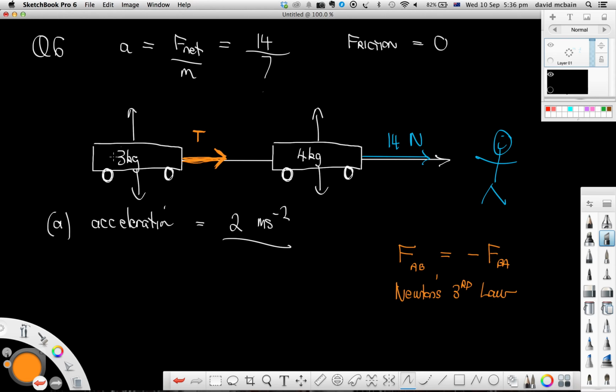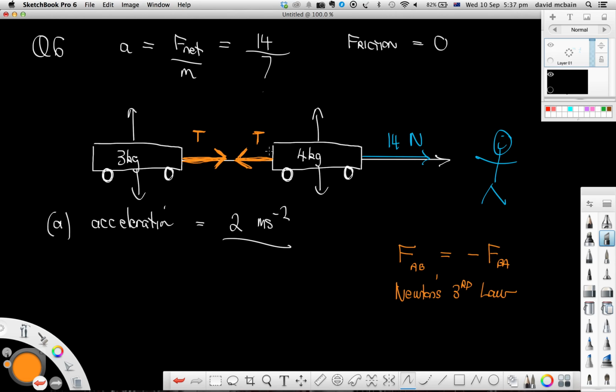that the 3 kilogram trolley must be pulling back on the 4 kilogram trolley with an equal and opposite force. And this is why, when you're actually towing something, you feel like you're being pulled back, you feel like you're being retarded or restricted, because the thing you're trying to pull along is pulling back at you in the opposite direction.